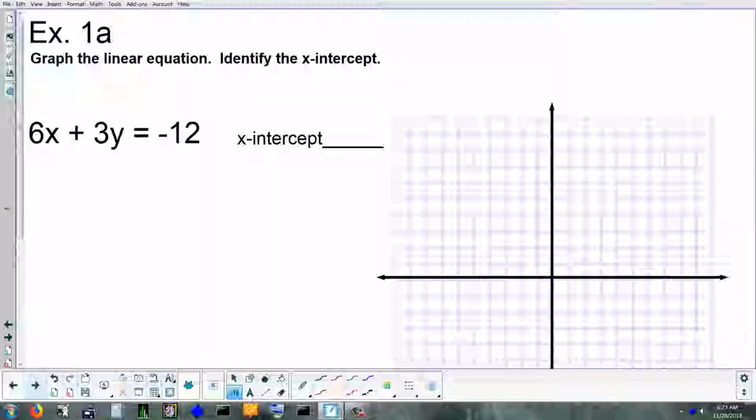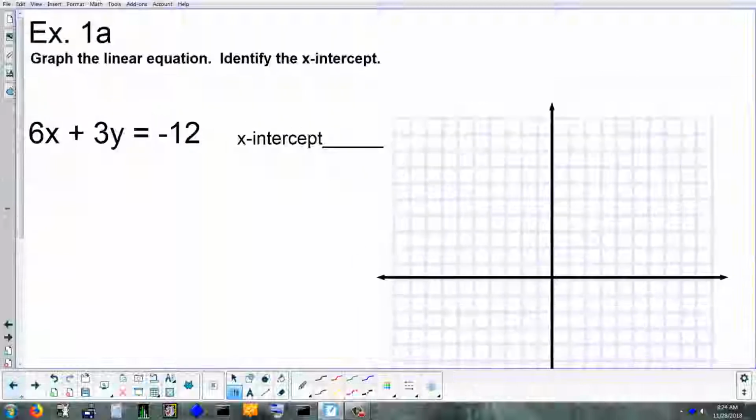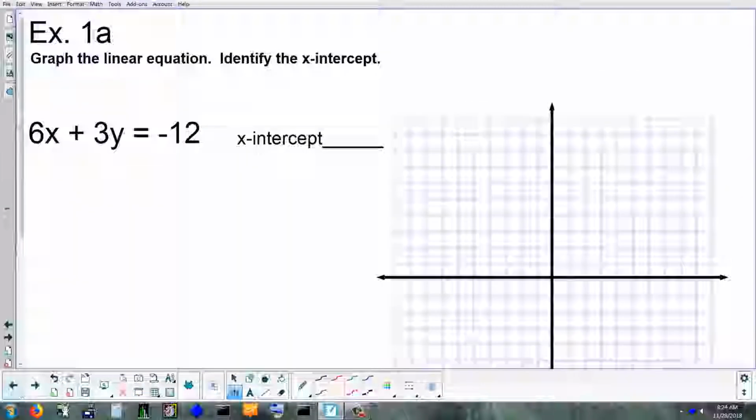Okay, so let's look at this one. Are they all rearranged, Mr. Roy? Do we have one that's already in the form? I don't. Okay, so this is a harder one to start with because you don't have y by itself, right?